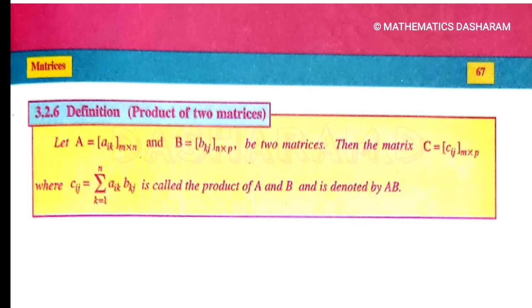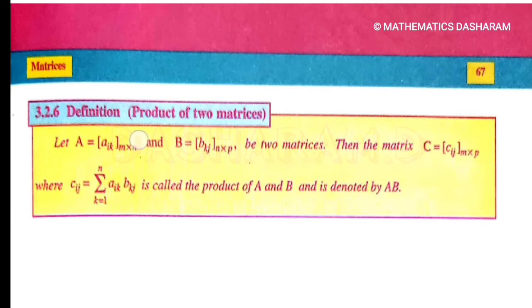What is the definition? Let A equal to A_ik, where the order is m by n, and B equal to B_kj, where the order is n by p, be two matrices. Then the matrix C equals C_ij, whose order is m by p.